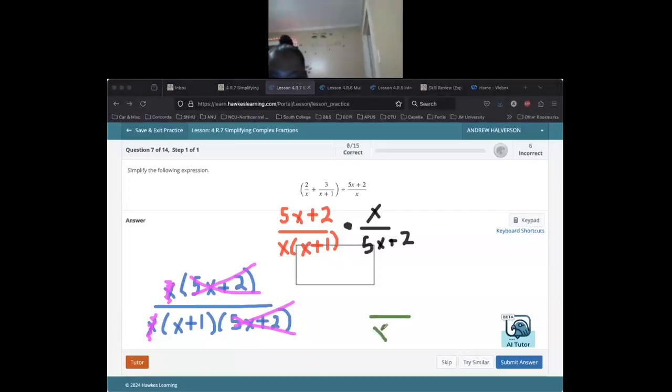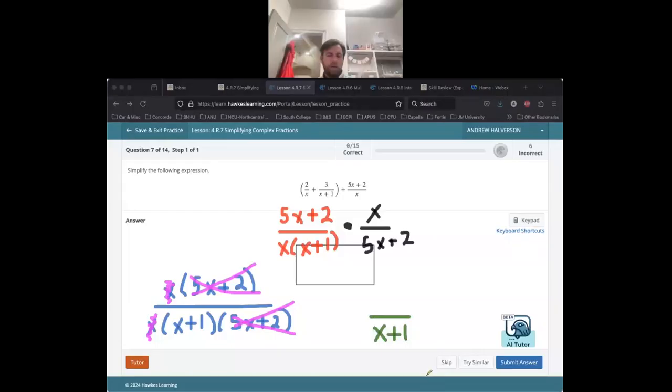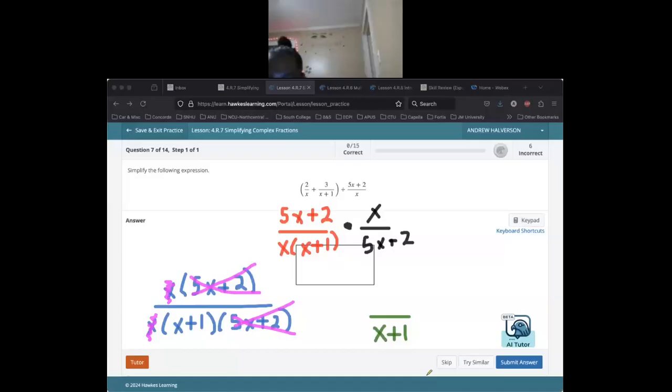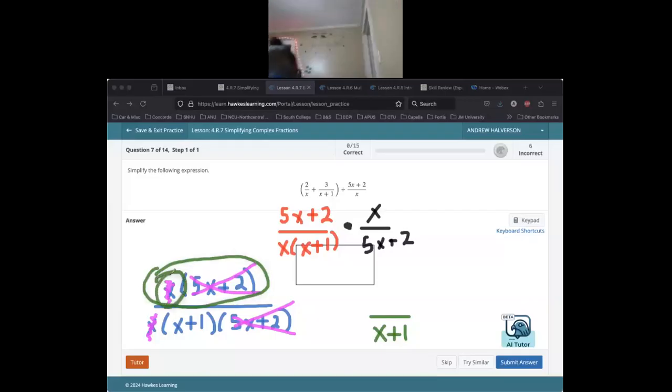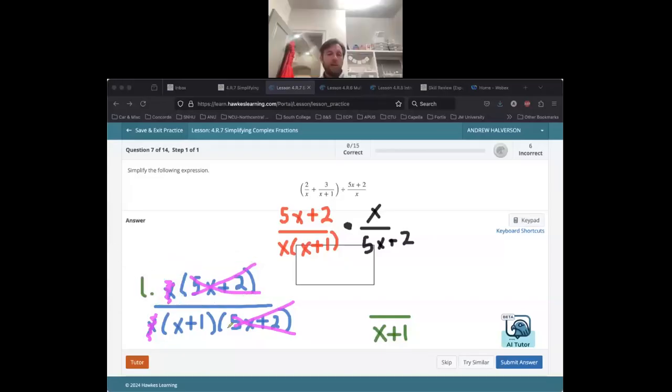What's at the top? 1 or x? Which one? 1 or x? I'm going to go with x. But we canceled the x. Right. Well, 1. If everything cancels, there's always got to be a 1 left behind. Because remember, you can always multiply a 1 up there. That's the answer.